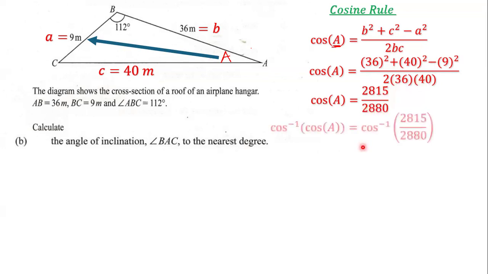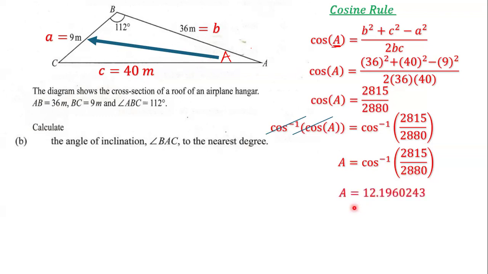And so what we have to do is take the cosine inverse of both sides of this equation. And what happens? The cosine inverse cancels out with the cosine. We're just left with A. So A is equal to cosine inverse of 2,815 divided by 2,880. And so when we do that, we get 12.1960243.